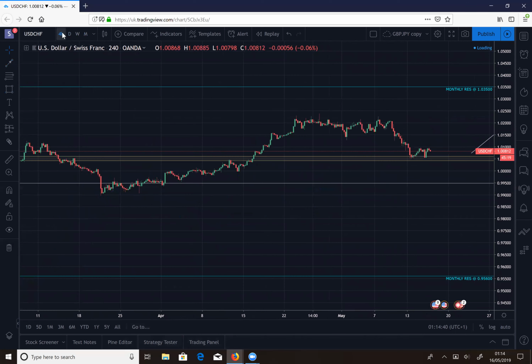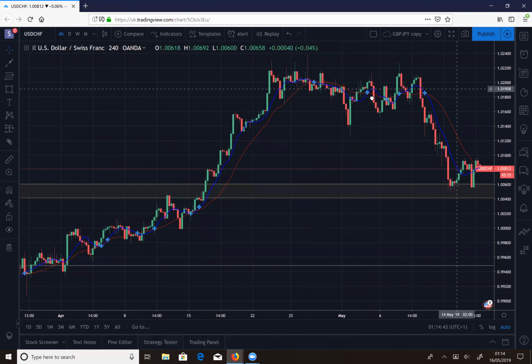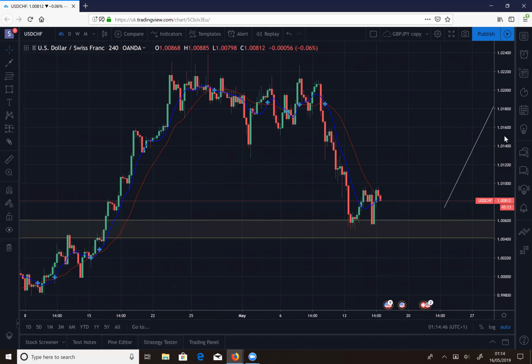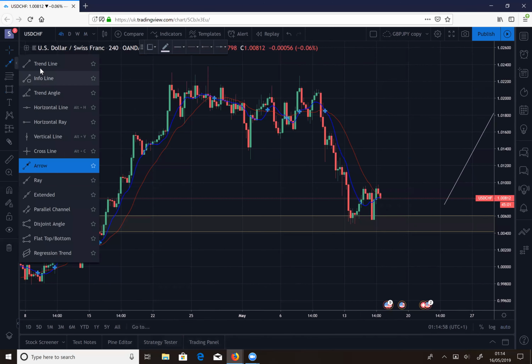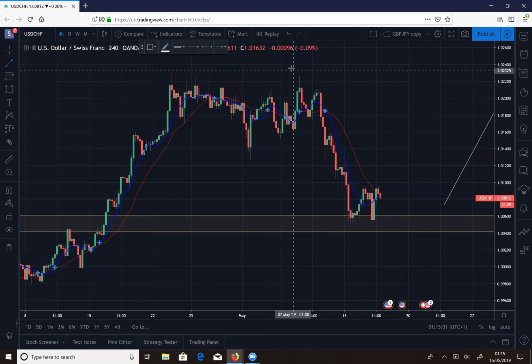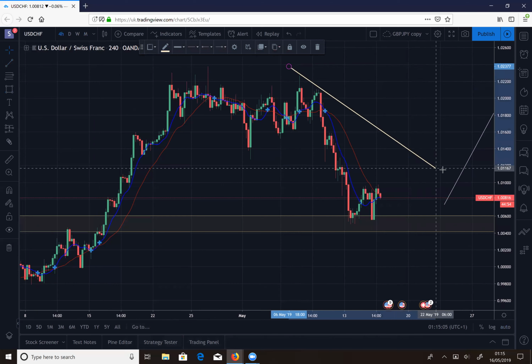Finally, going down from the daily to the 4 hour, just as a final confirmation, we can just wait for these MAs to cross over before really expecting this bullish momentum to take over.